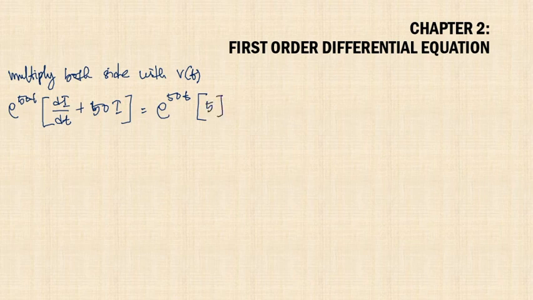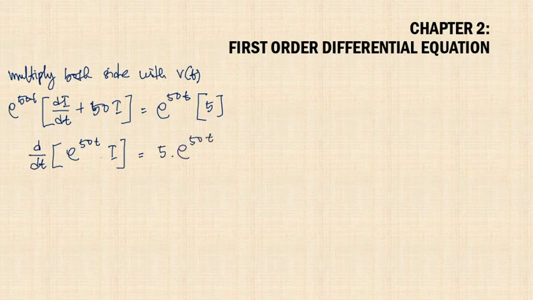So on the left we have the derivative with respect to t of e power of 50t times I, equals 5 e power of 50t.